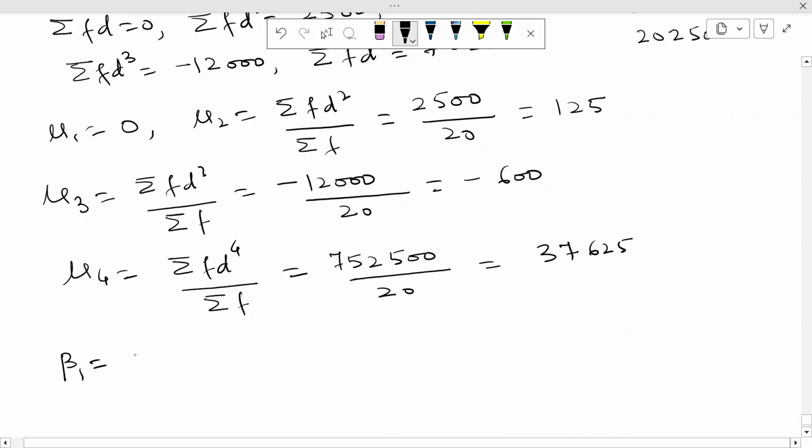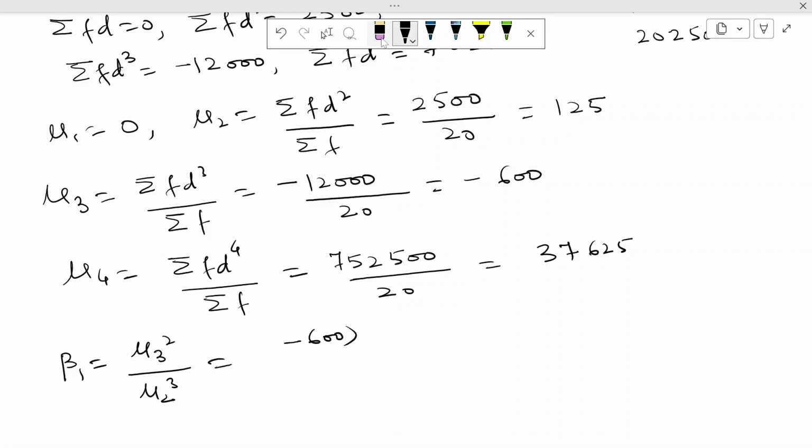Our beta 1 is mu3 square over mu2 cube. So mu3 square means minus 600, or you can say that we will consider only the numerical value here.